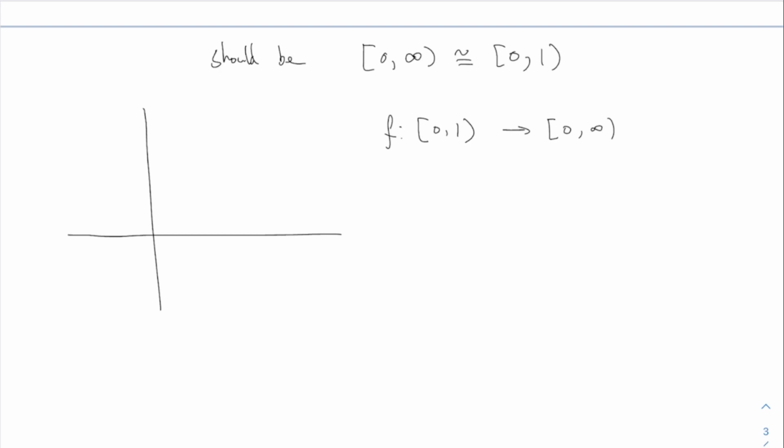So the domain is 0 to 1. That means I'm not considering any of the negative x values, and I'm also only going up to 1, but not including the 1. So when I draw the graph, it's going to fit only in there. And the answers should include 0 and go up forever, but not down at all.